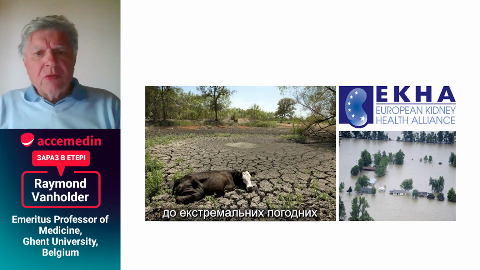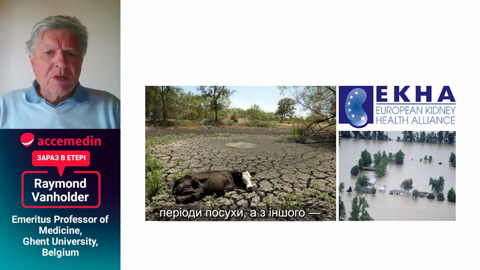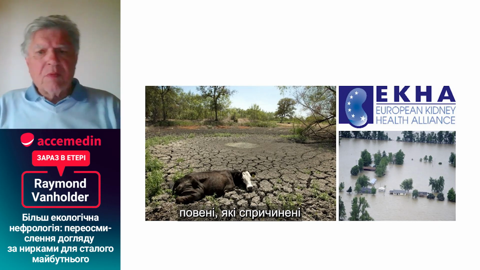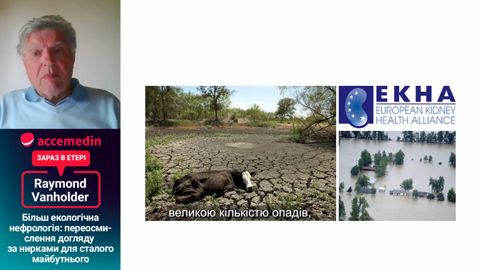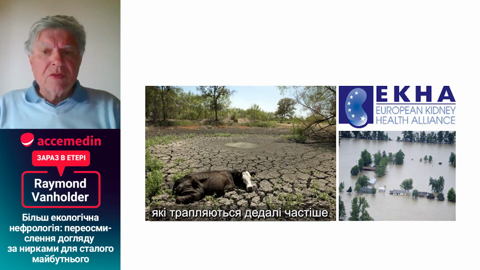This is leading to extreme weather circumstances: on the one hand, long periods of drought, and on the other hand, floods related to water bombs, hurricanes or typhoons, which are becoming more frequent and more and more severe.